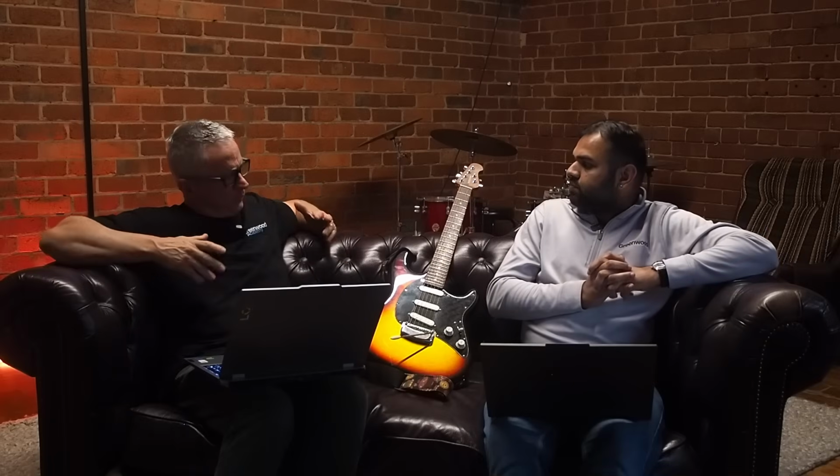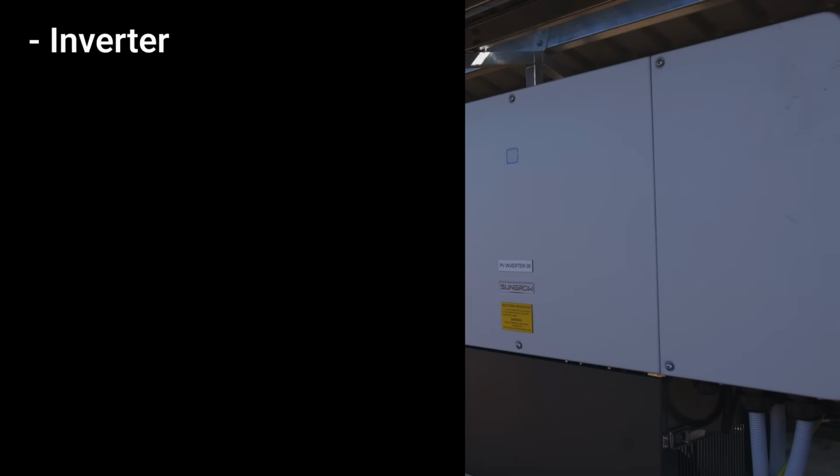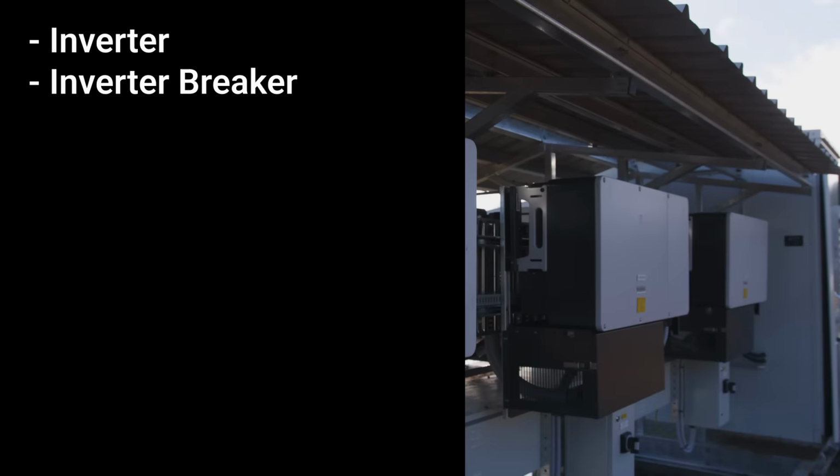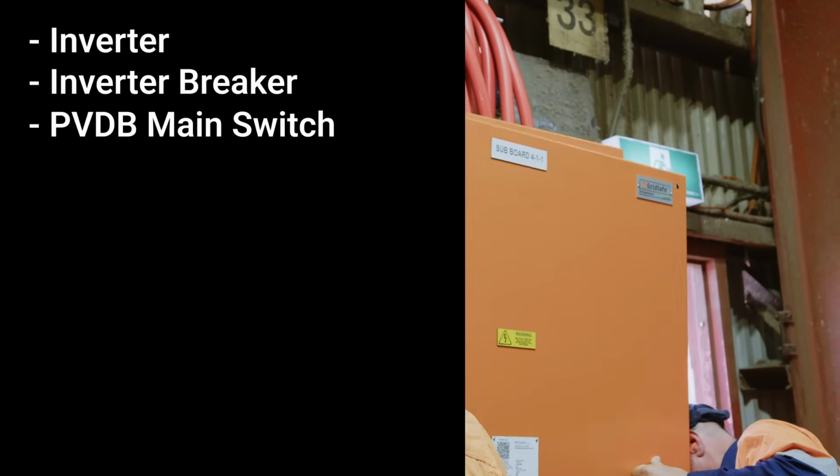And what if there'd be distribution boards as well? So the breakers within those distribution boards, they would be included in the study as well? Yes. So basically, when you are performing the protection coordination study, let's go from the downstream side to the upstream side. Yes. So basically, we perform the study from the inverter to the inverter breaker. Then PVDB main switch.